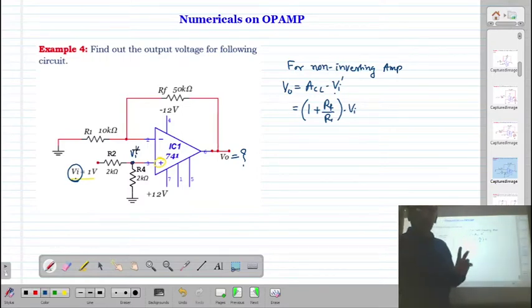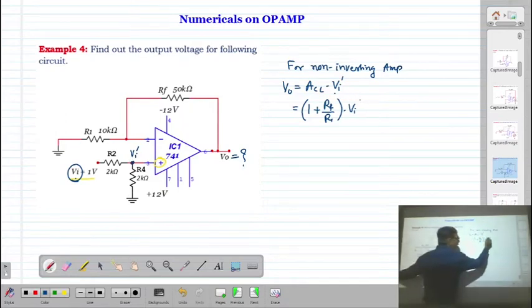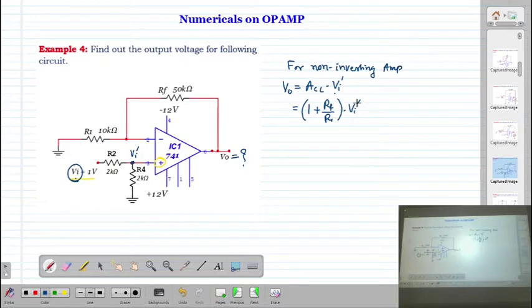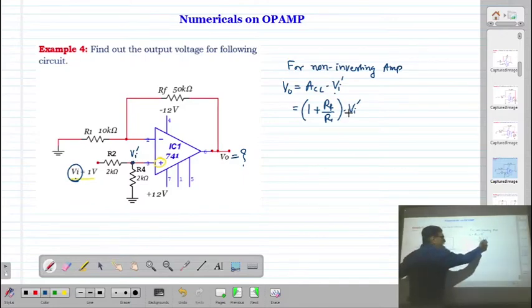When we derived the expression for a non-inverting amplifier, at that time we considered the potential at the non-inverting terminal. Remember this voltage. So in this formula, this is VI dash, not VI. Now I have to calculate what VI dash will be, and that value I will write in this formula. Then you can calculate the output voltage.